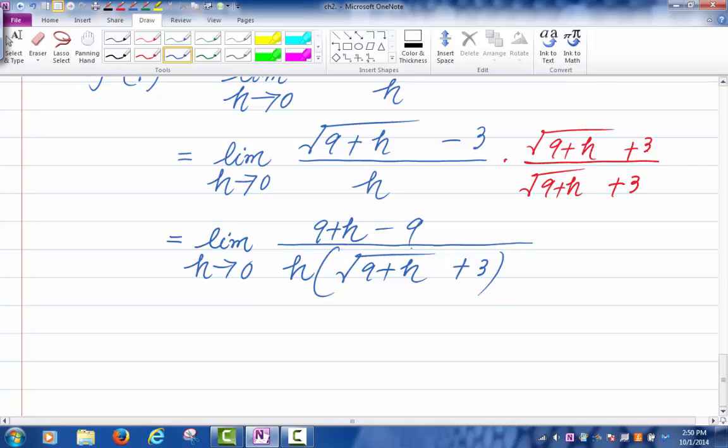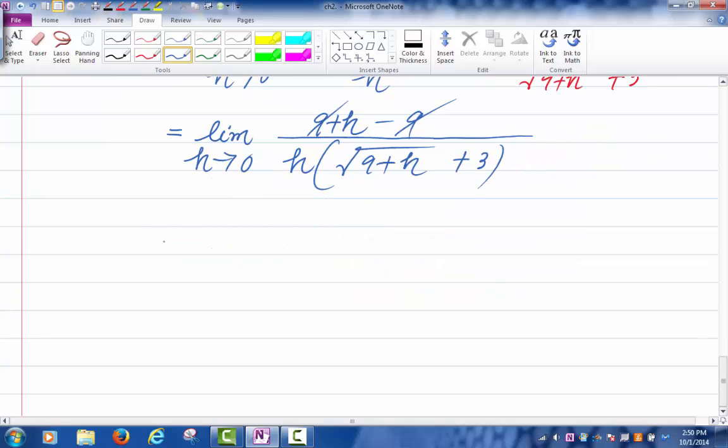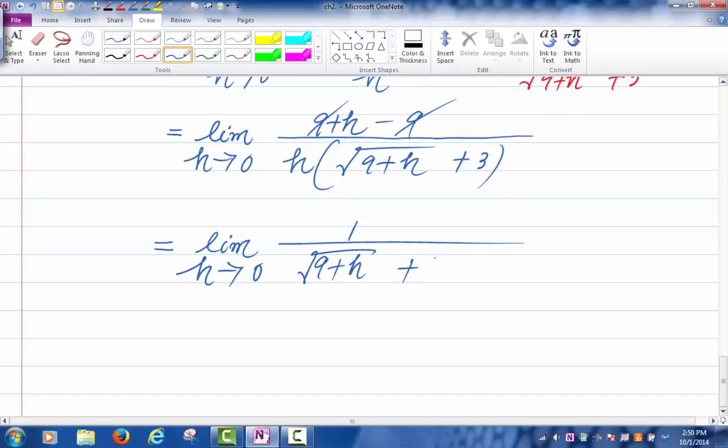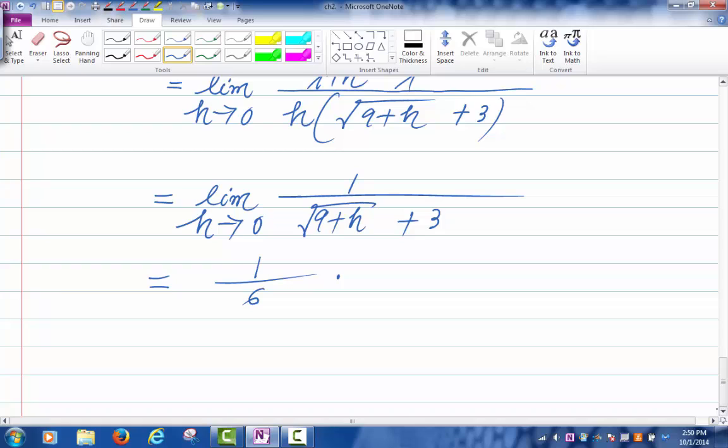So you get this. So 9 and 9 cancel out. And once you cancel them out, you can also cancel out h's, right? So altogether, what you have is the limit as h goes to 0 of 1 over root of 9 plus h plus 3. And then if you now plug in 0 for h, you get 1/6. So what we have found is the derivative of the function at 9 is 1/6.